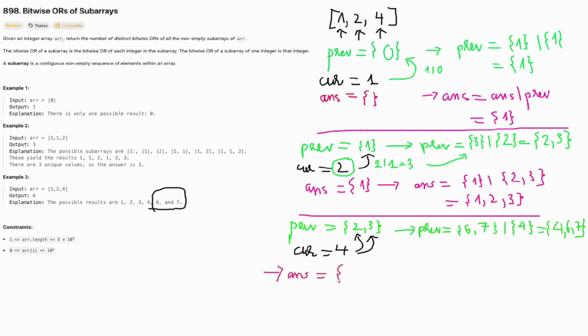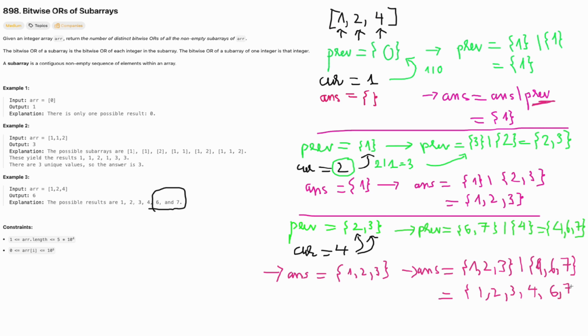That would be 1, 2 and 3, and then 4, 6 and 7, right? Because we get the previous values, it will result in 1, 2, 3, 4, 6 and 7.